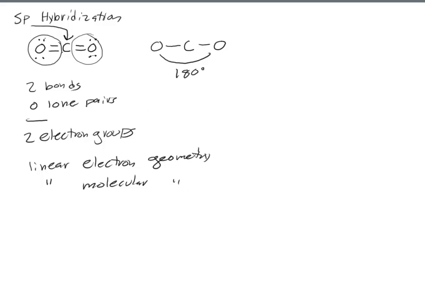Okay, let's do a practice problem with this before we end. I'll draw this molecule, and then we will look at a number of the atoms present and determine their molecular geometries.